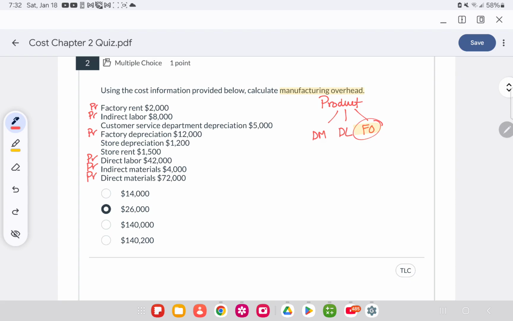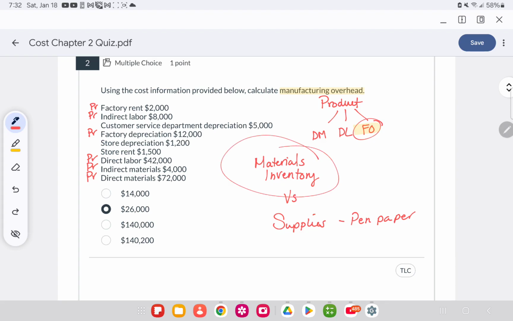One other thing I want to touch on is the difference between materials and inventory versus supplies. When you think of supplies, think office supplies, things like pen and paper. If we say it's supplies, that's not necessarily what is going into manufacturing the good. The things going into manufacturing the good are in materials inventory.